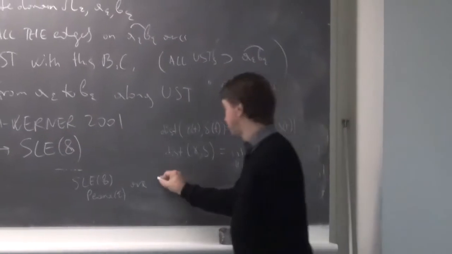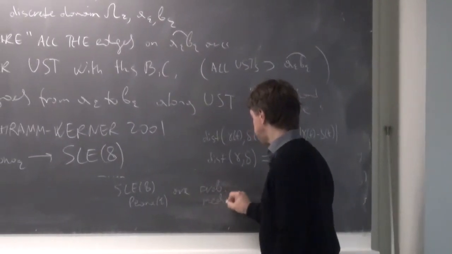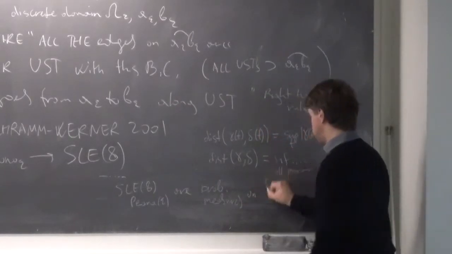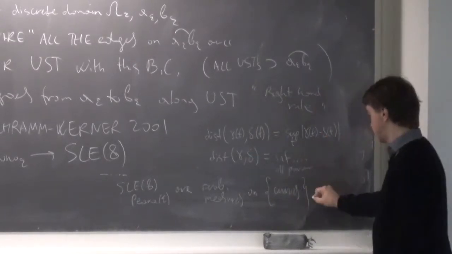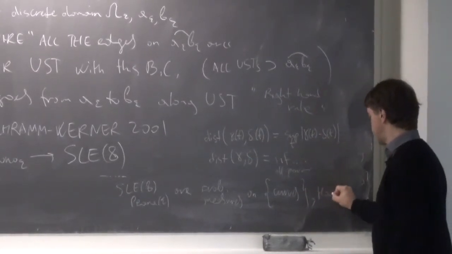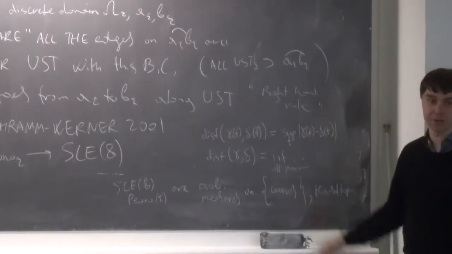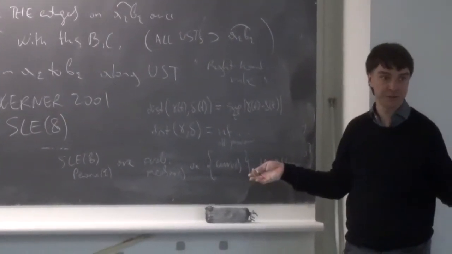So these are probability measures on the space of curves with this topology, with Hausdorff topology. So this is a topological space on which I can define Borel measures.